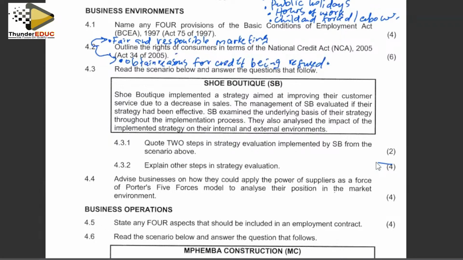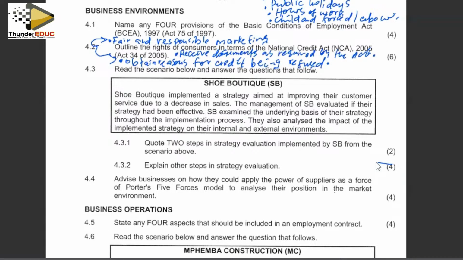And also saying that receive documents as required by the Act.